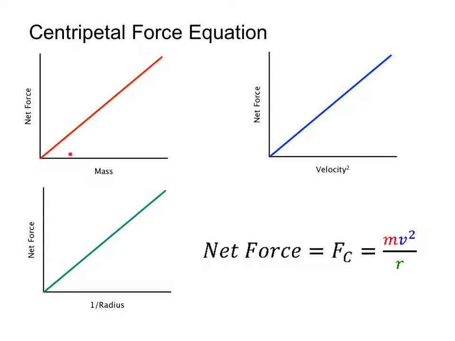All of these 3 things hold true, and they all hold true at once. So the centripetal force is directly proportional to mass, directly proportional to the velocity squared, and directly proportional to 1 over the radius. That gives us this equation for the centripetal force, or the net force, for anything traveling in a circle at a constant speed.